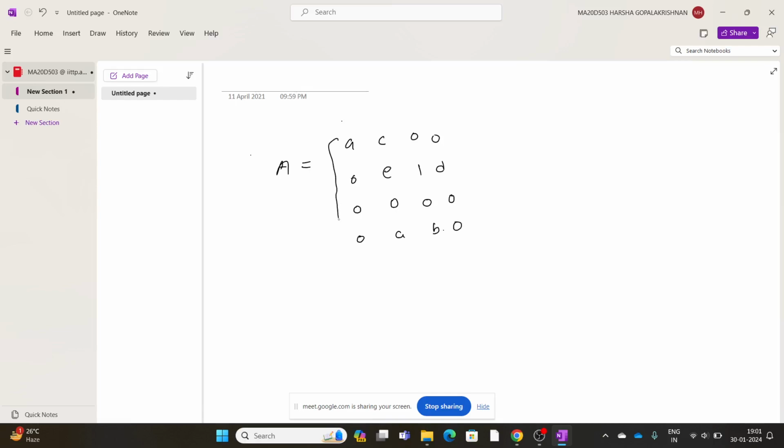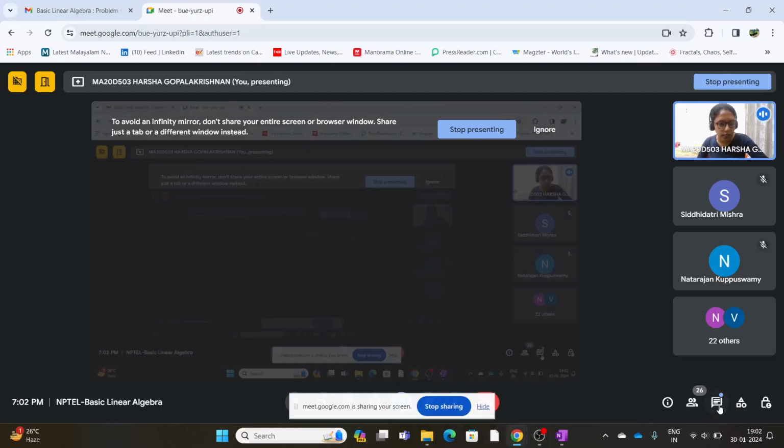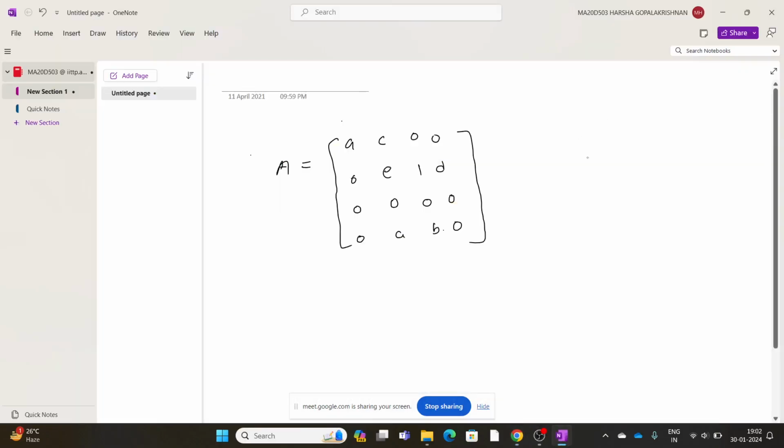This is our matrix A. Some of you have already answered the question, I think. Okay, you are saying a, b, e equal to 0 and c is non-zero. So this is the answer we got here.